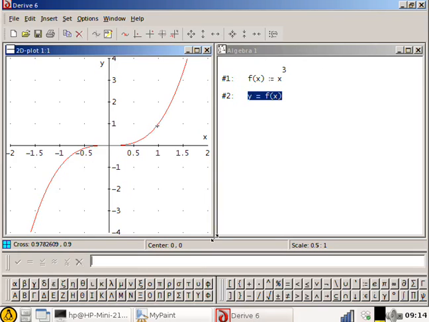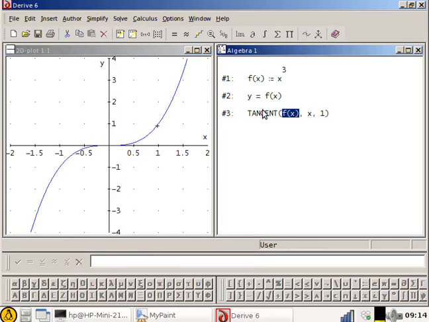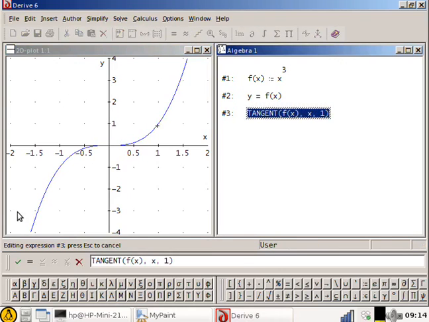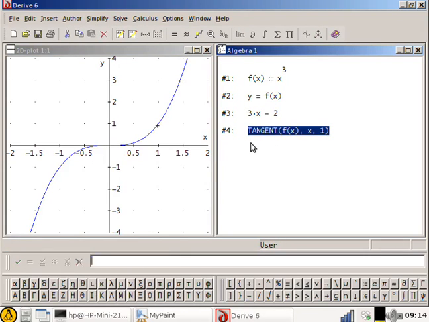Let me actually draw in the tangent line. Oh no. Now there's the tangent line. What's the slope here? It's 3.